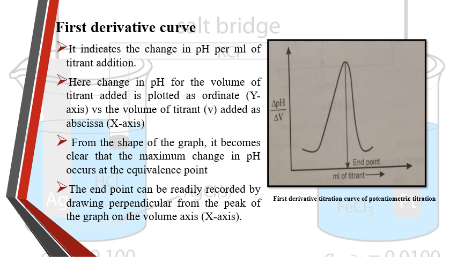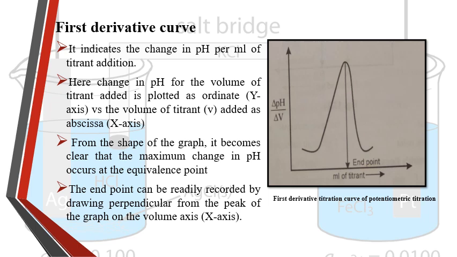In this titration, the electrode potential is plotted against the volume of titrant added. The resulting curve shows how the electrode potential changes with the addition of the titrant. The first derivative of this curve reveals the rate of change of the potential with respect to the volume of the titrant added.